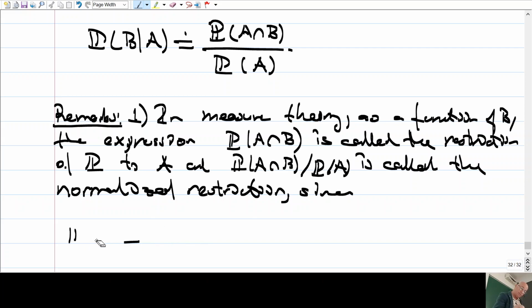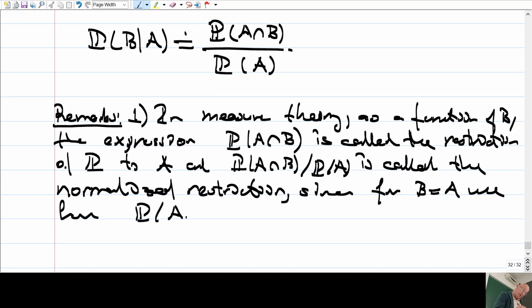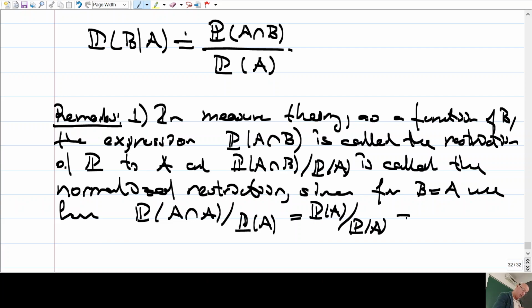For B equals A, we have A intersection A divided by the measure of A. So this is the measure of A divided by the measure of A, which is 1. That's why we call it normalized.